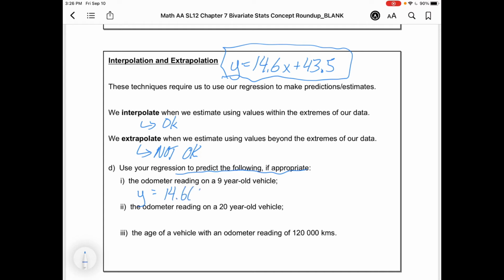Then we get an estimate of the odometer reading on a 9-year-old vehicle. On my calculator, I get about 175, which here means 175,000 kilometers. That seems like a reasonable estimate for a 9-year-old car, depending on how much you drive.